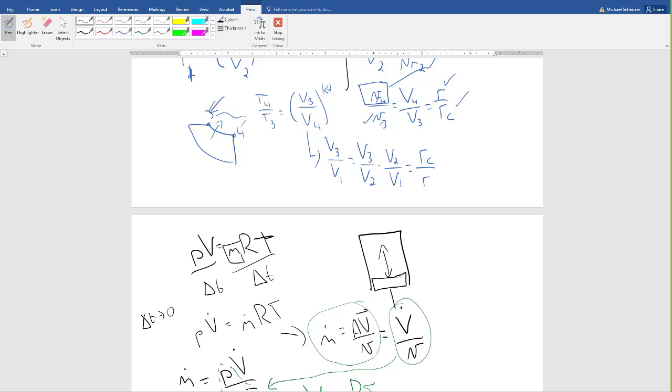This is another big thing. If you get to the exam, even if you totally run out of time and you see a problem that says is this process possible, even if you have no idea what to do, you write down, I would do a second law analysis here. And if sigma dot was positive, then it's possible, or if sigma dot was negative, then it's not possible.